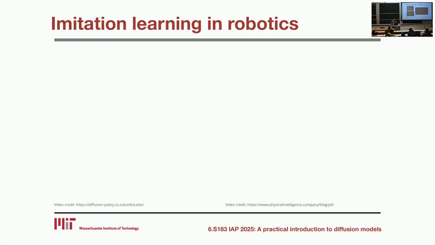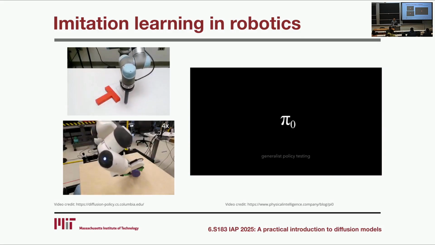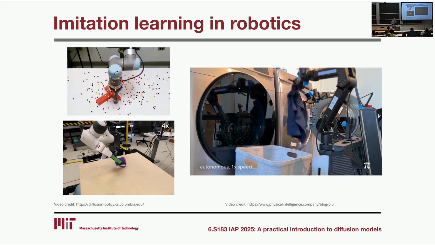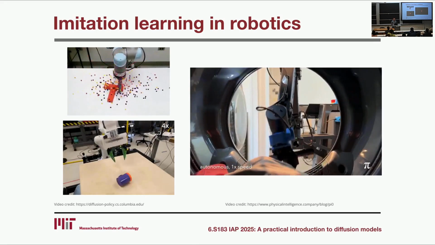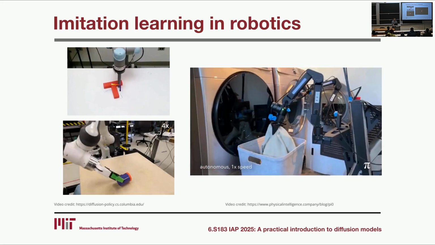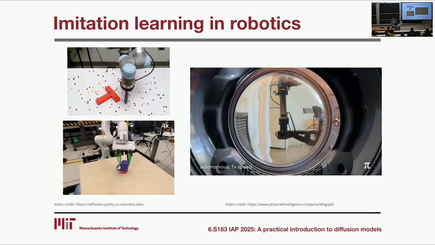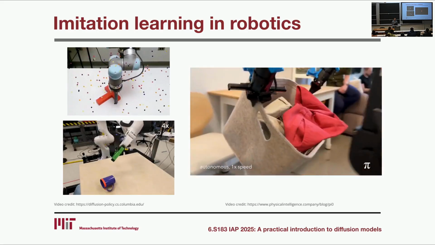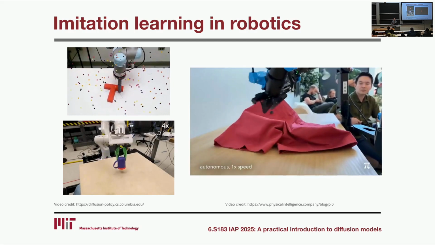Another application here is imitation learning and robotics, where the goal is to predict a trajectory or the action of a robot given input images as well as sensor data. The training data is for imitation learning, which is trying to learn a task from multiple demonstrations.